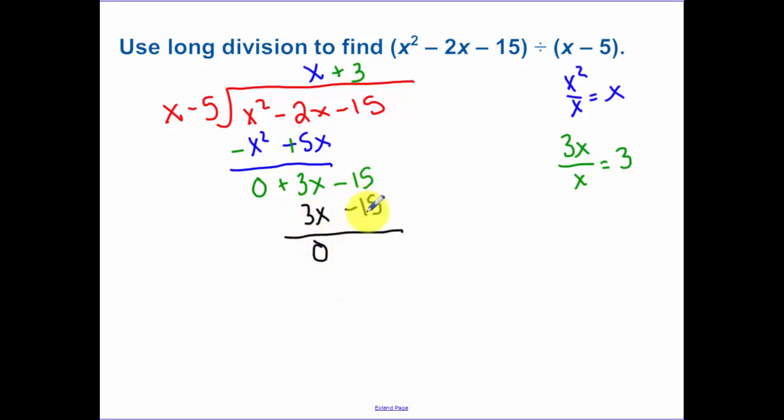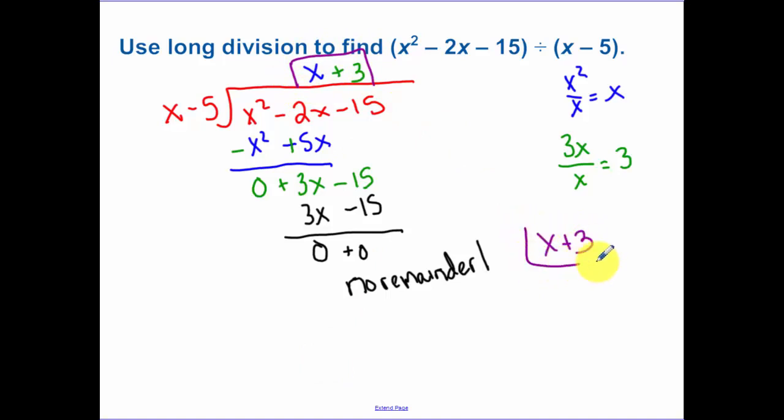Negative 15 minus a negative 15 is 0, so we have no remainder. So your answer is x plus 3.